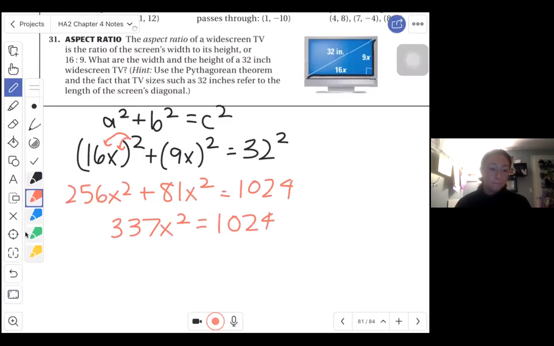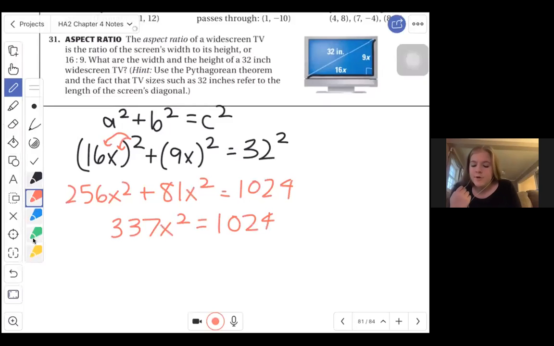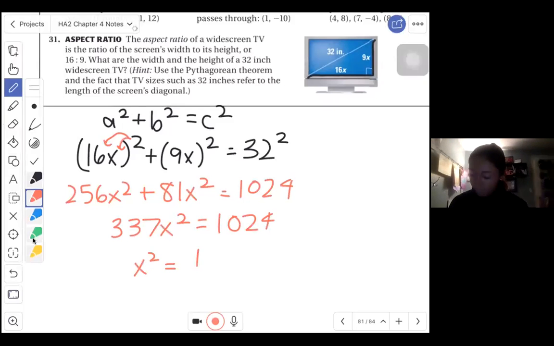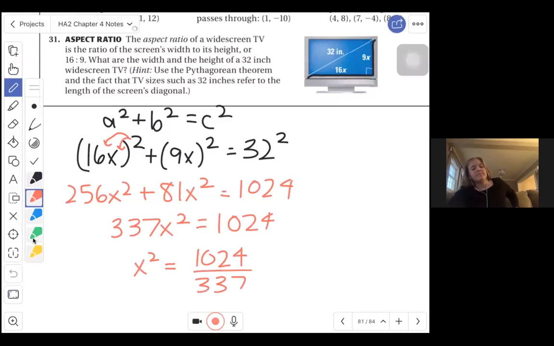Jaden, what could we do next? You could take 1024 and divide it by 337. Yeah. And we also have that squared there.